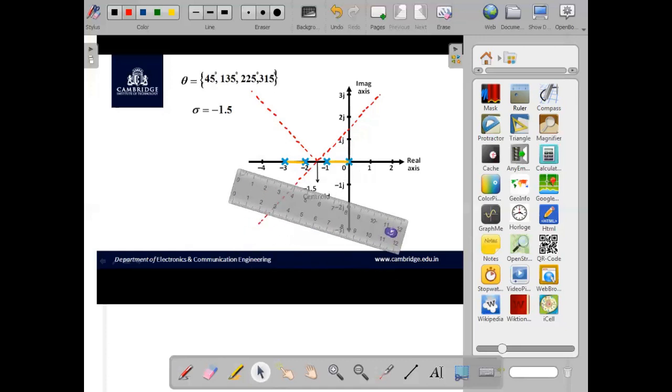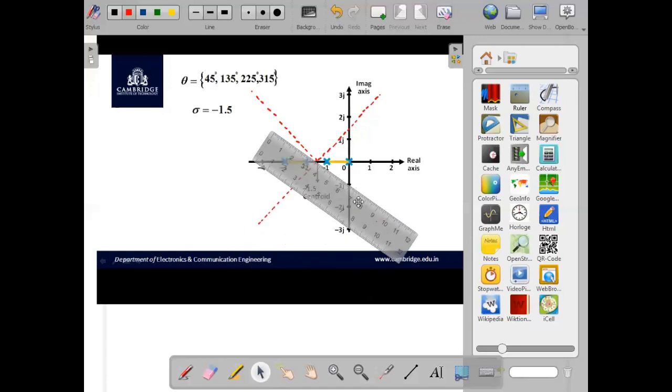Finally, the fourth asymptote: let us follow the same procedure with sigma equal to minus 1.5 as the center, and mark the fourth asymptote, which is at an angle of 315 degree.